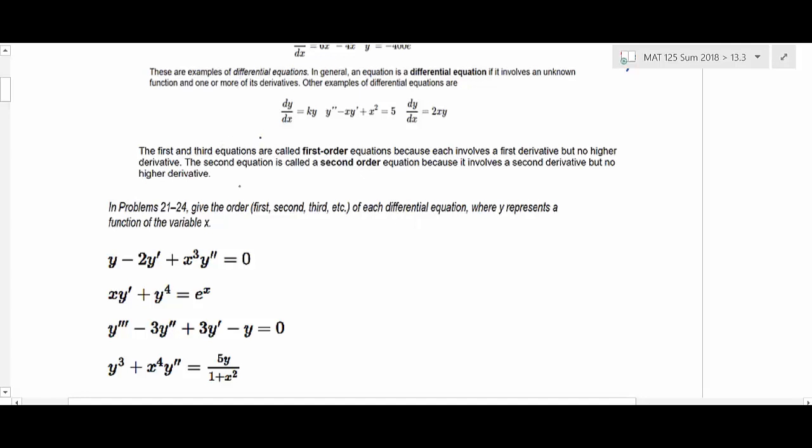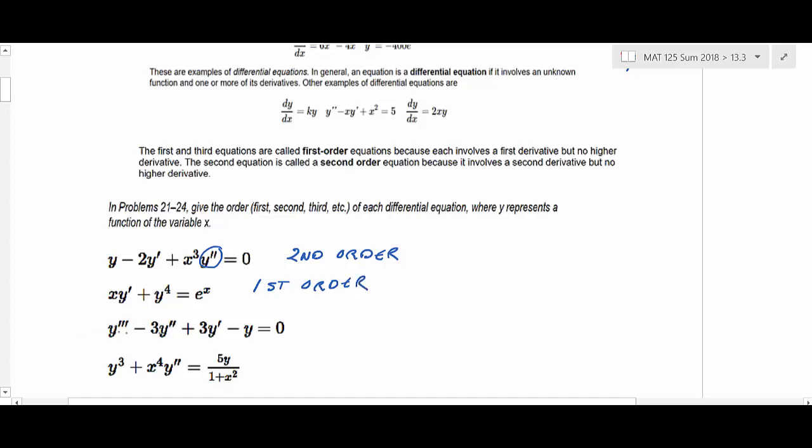Okay, so to begin with, here are a couple of things I took out of your book. What is the order? This is a differential equation, and its order would be 2. That's the highest derivative, so we would say that is a second order differential equation. This one would be a first order differential equation, since it has a first derivative in it.